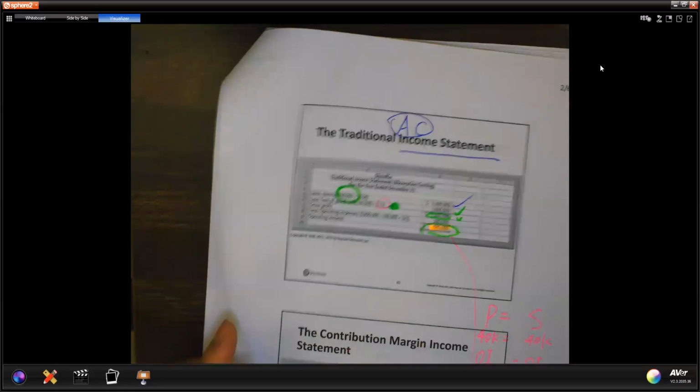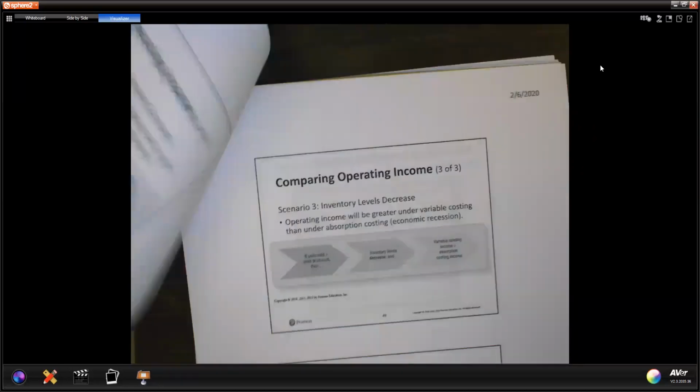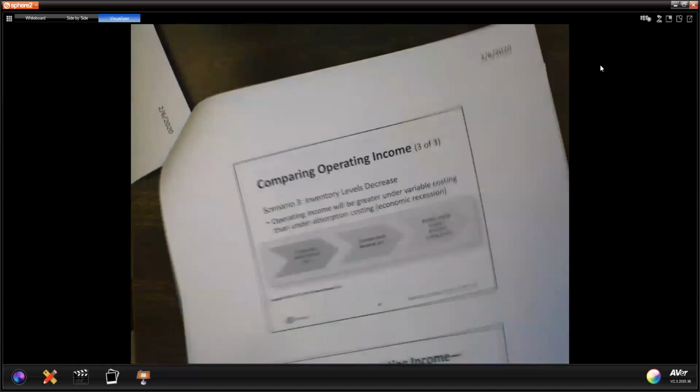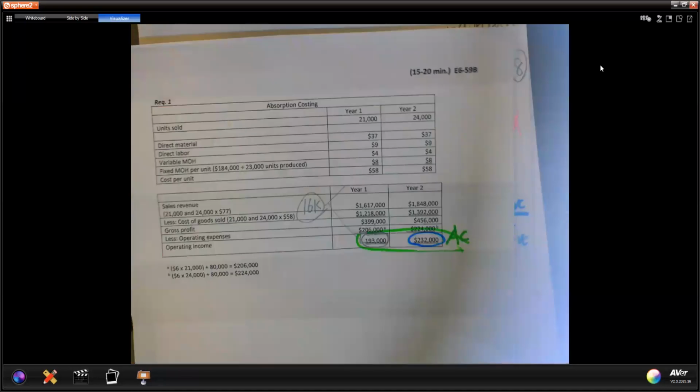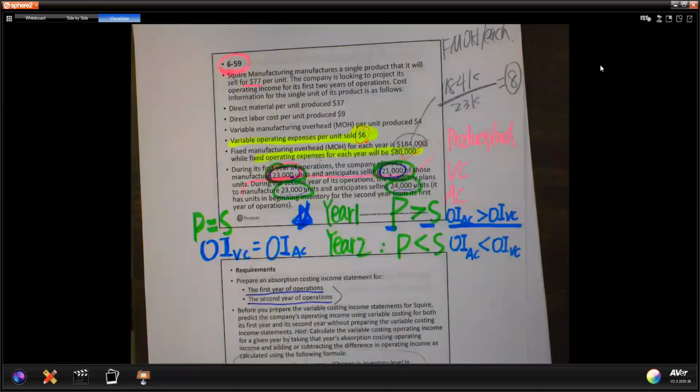But I think we also did a fancier example in class. I'm not going to work through it step by step, but in requirement one, we found the product cost under variable costing is 50, and under absorption costing is 58, because of the $8 fixed manufacturing overhead allocation. Then we looked at the first year.